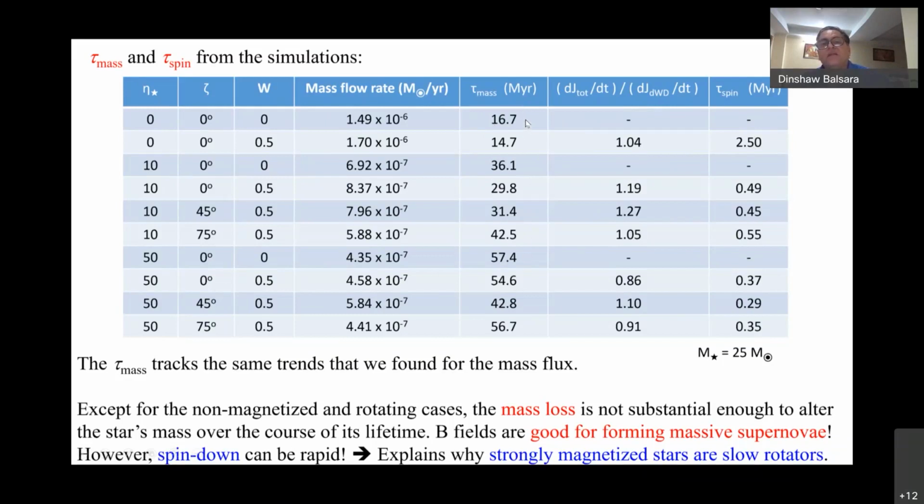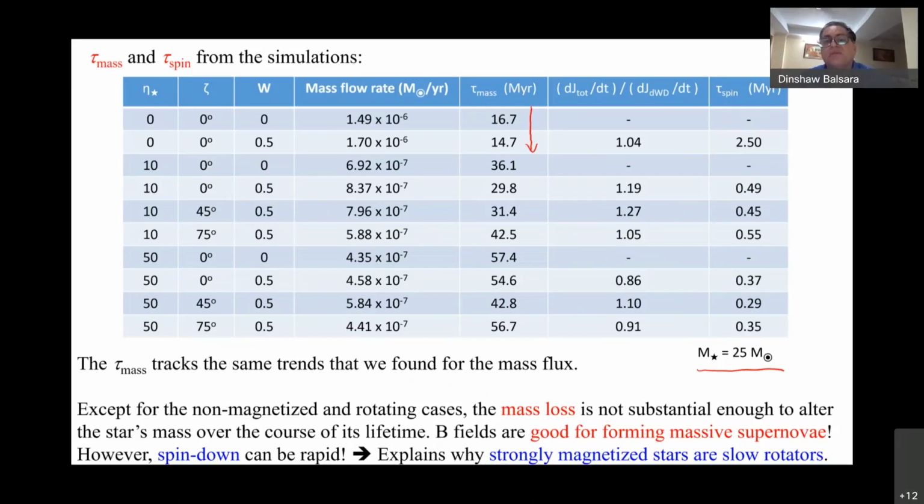And you see that the unmagnetized cases, which are these two cases out here, show that a majority of the mass can be lost in about 16 million years, which is reasonable and comparable to the lifetime for a 25 solar mass star, which would be about 10 million years.